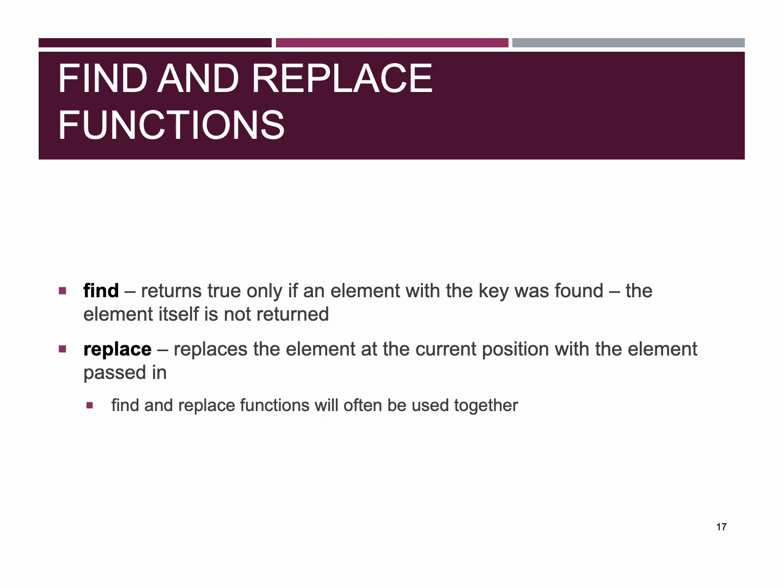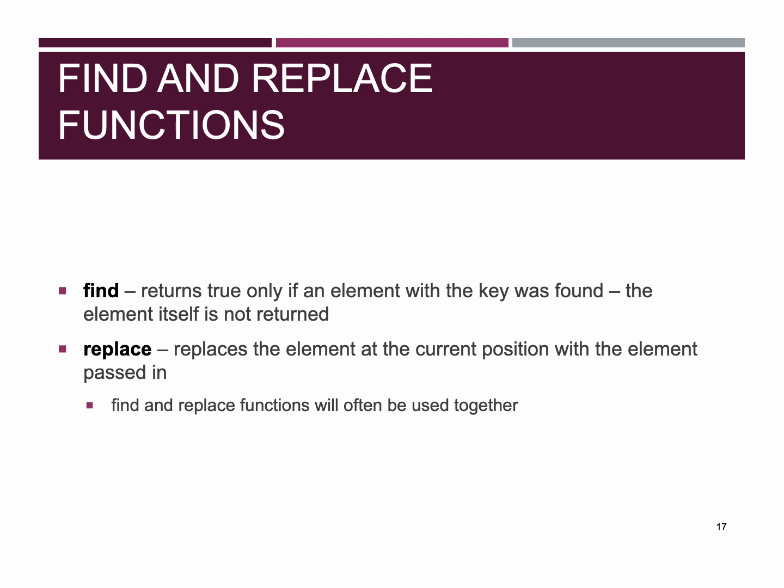Next, we will explore two key operations often used together, the find and replace functions. The find function searches the linked list for an element with a given key. It returns true only if an element with the specified key is found. It's important to note that the element itself is not returned, just the confirmation that it exists.